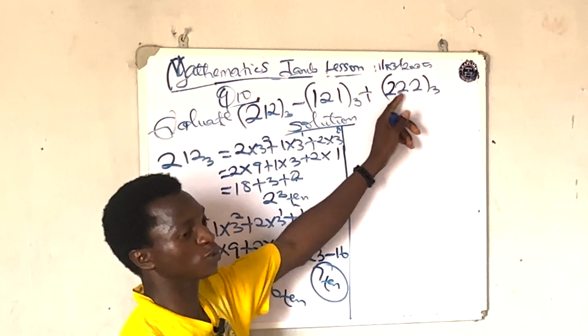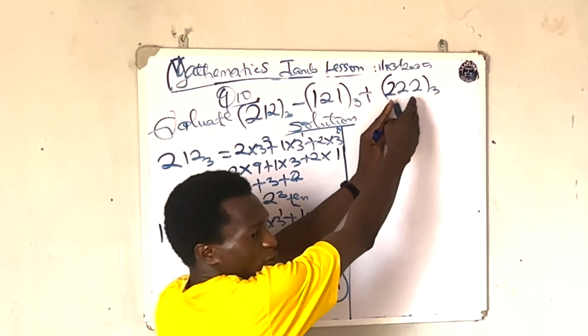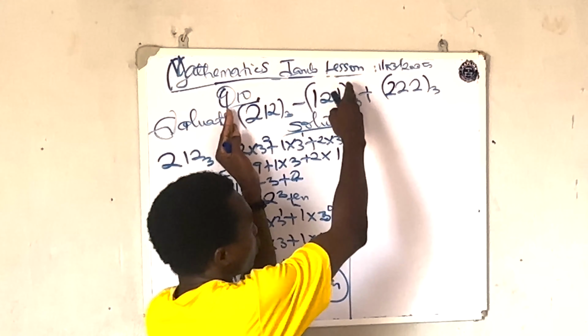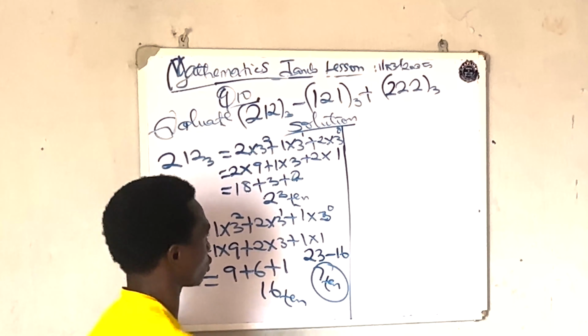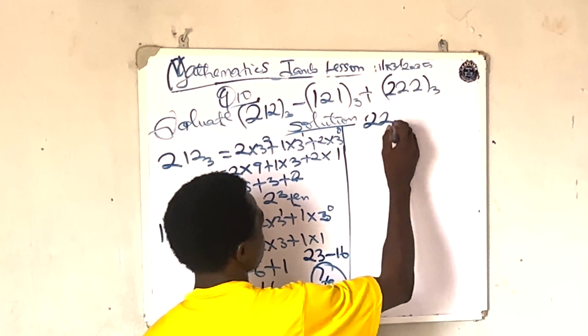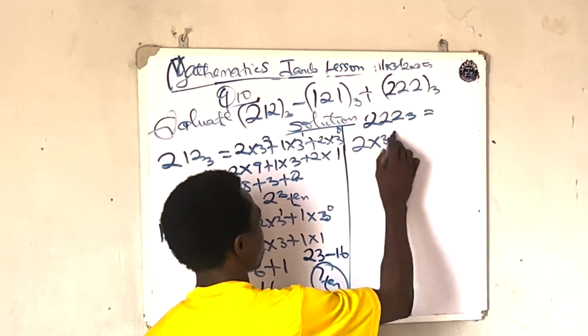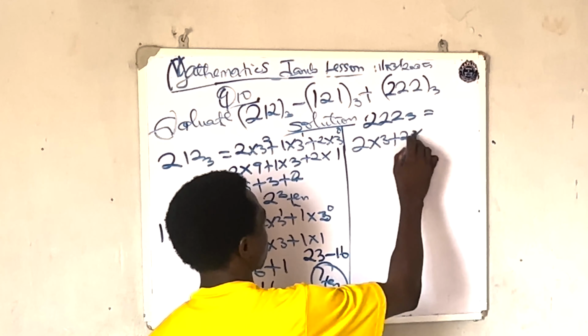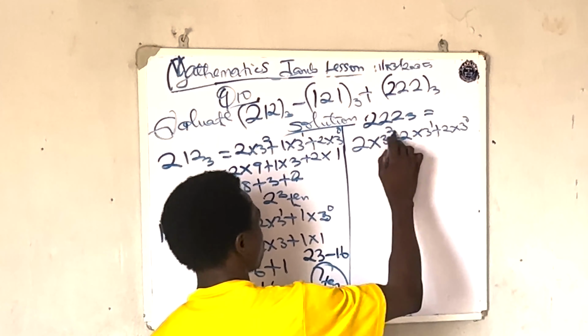to convert these two to base 10, and then we add the value of this to the difference you obtained from here. How do we do our last conversion? 2, 2, 2 in base 3. This equals 2 times 3 plus 2 times 3 plus 2 times 3, with powers 0, 1, 2.